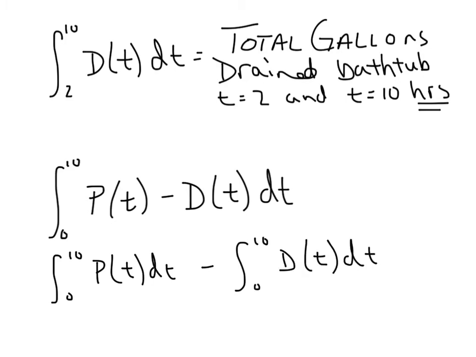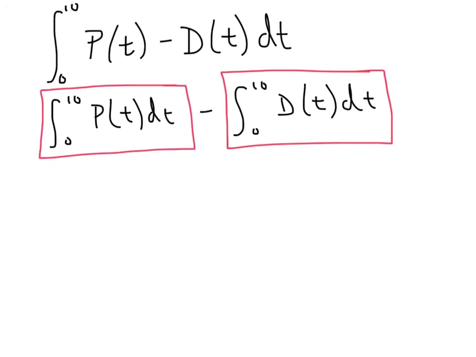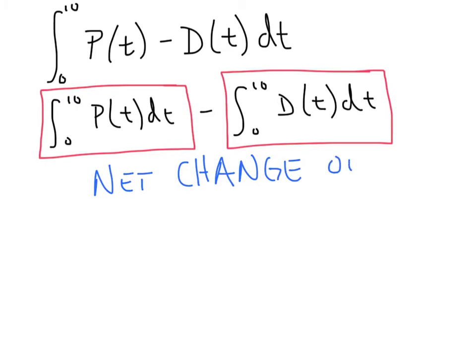So what we're really doing is we're calculating the total number of gallons that entered, and then we're subtracting the total number of gallons that have leaked out. So we're describing the net change in volume, or the total change in volume. Total change, net change, those are kind of interchangeable phrases as far as I'm concerned.